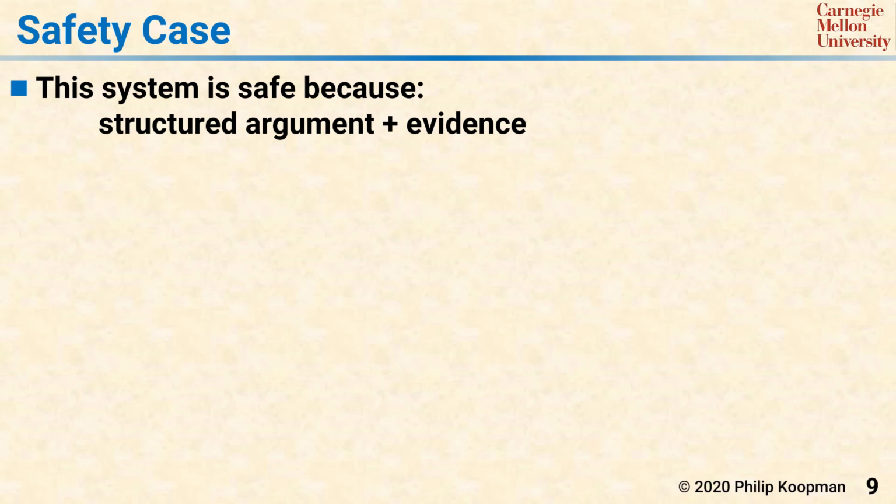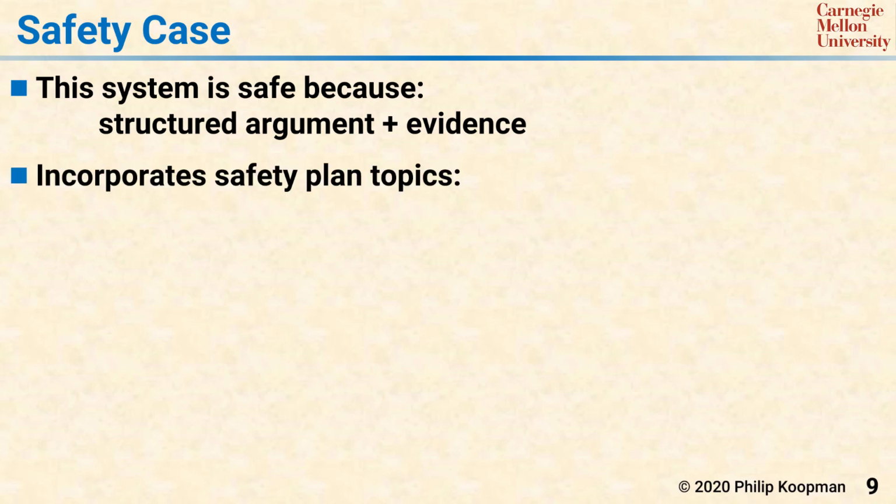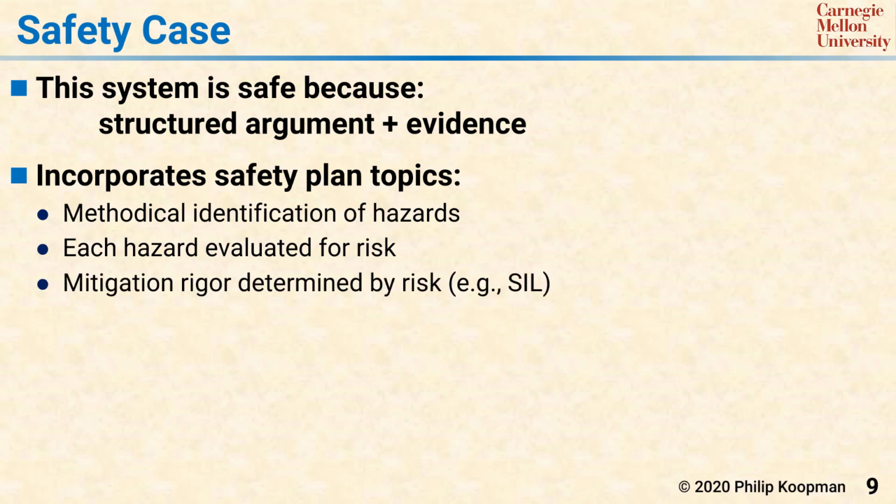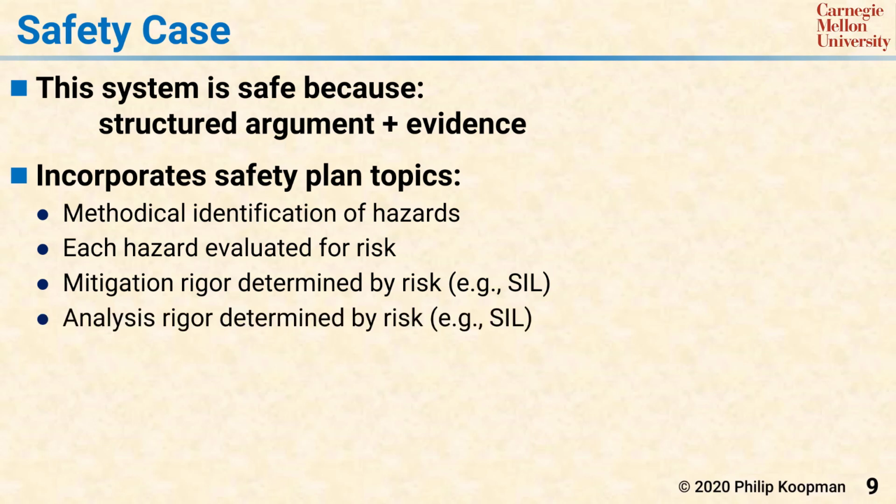Thus, the safety case will incorporate written descriptions and evidence for at least the following: a methodical identification of hazards, an evaluation of each hazard to determine its risk, appropriate mitigation and rigor used as determined by the risk's SIL, and analysis, testing, or other means to ensure that mitigation actually was completed successfully.